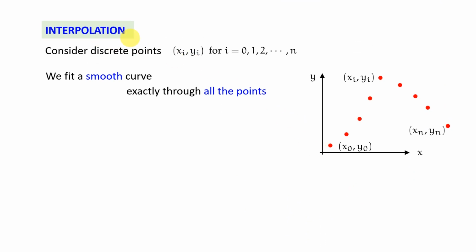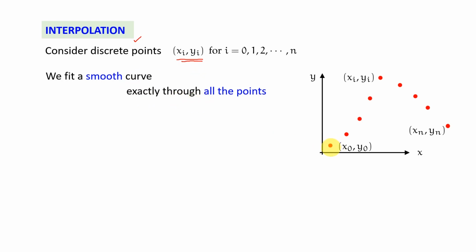The fundamental question of interpolation is that, given a set of discrete points (xi, yi), our goal is to fit a curve, usually a smooth one, exactly through all the points.